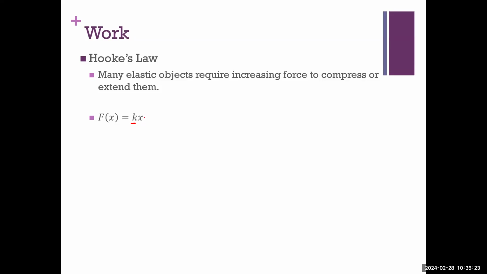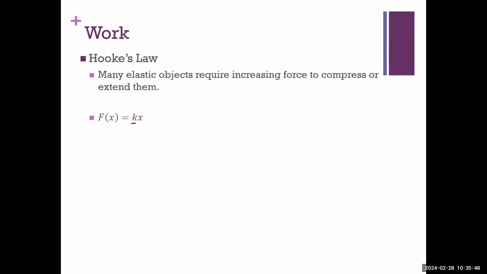So if it's the shock absorber in your car, it's going to be bigger than if it's the spring you find in a pen. But really, mathematically speaking, they act exactly the same. They're governed by this force here.